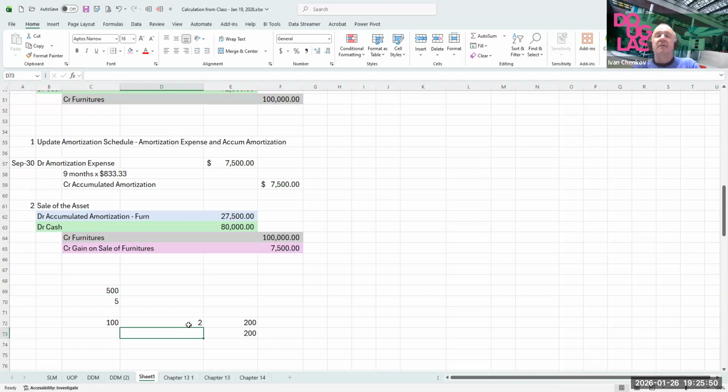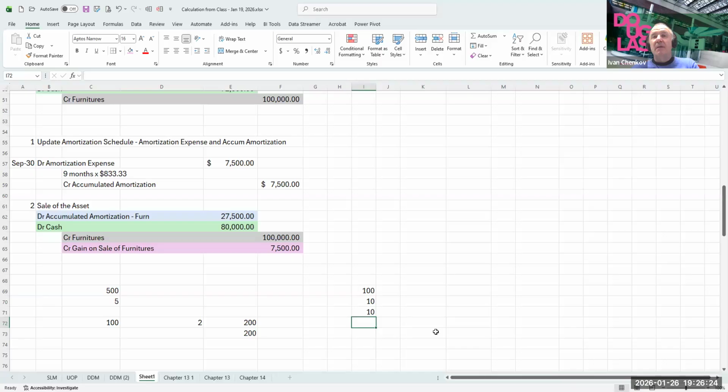What if I use it for 7 years and I sell it for 20? Loss. How much is my loss? 10. Okay. So here the calculation is 100 over 10 years. It's going to give you $10 per year.